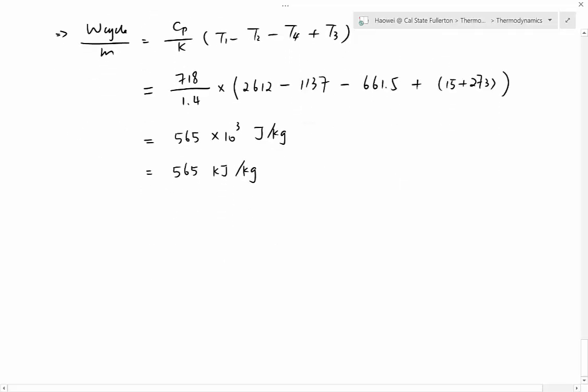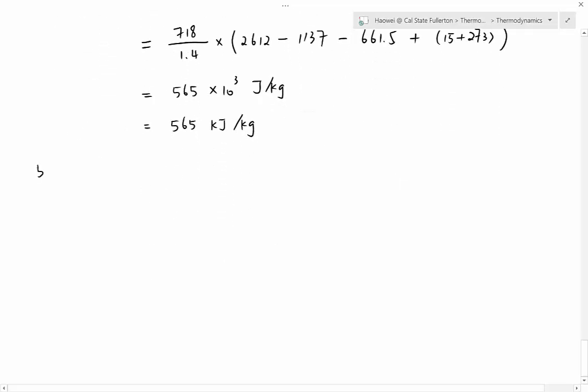And then part 5. Part 5 is to look for heat loss. Heat loss is Q223 per unit mass. And from the first law, we know it's U2 minus U3. We do the same thing, take Cv out of it. What is left is T2 minus T3. And then rewrite Cv to Cp over K, just like before.